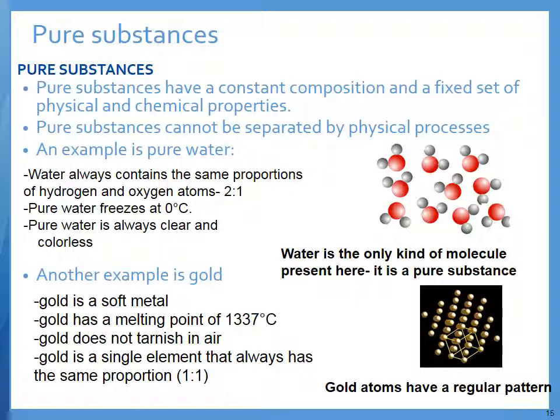There's always one gold atom, and so in fact, the solid gold has a regular pattern. Now, on this page, we have a pure substance that is a compound, water, and then we also have a pure substance that's an element, gold. But they're both pure substances because they have a constant composition and a fixed set of physical and chemical properties.